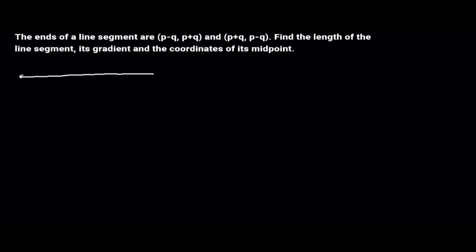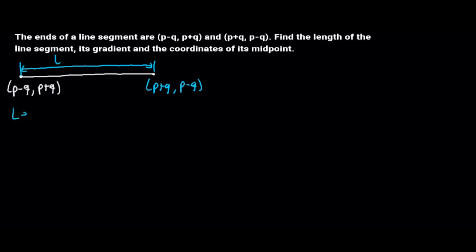The ends of the line segment are one point P minus Q, P plus Q, and the other point P plus Q, P minus Q. Now, the length of the line segment is simply the distance between these 2 points. So this is the length of the line segment.